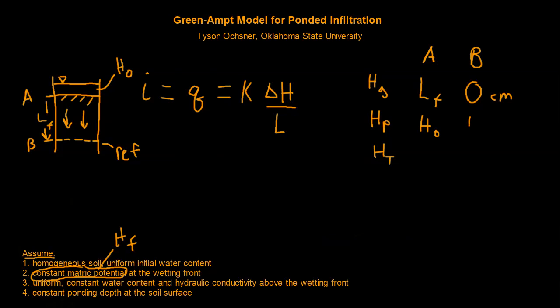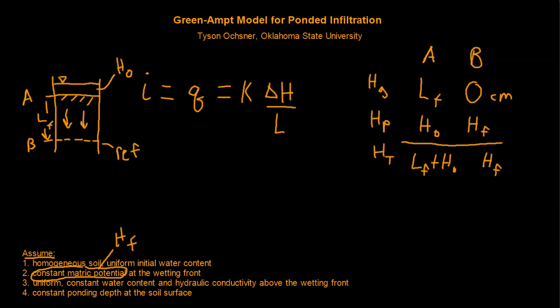So we have H_F at the wetting front. Now we can sum these up to get our totals, and at A, the total head is given by L_F plus H0, and at point B, the total head is given as H_F.